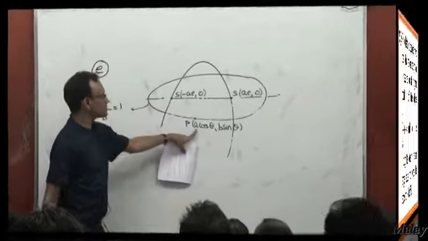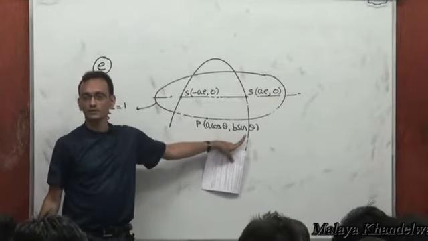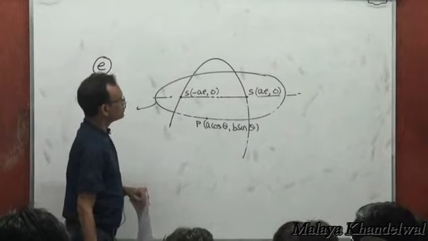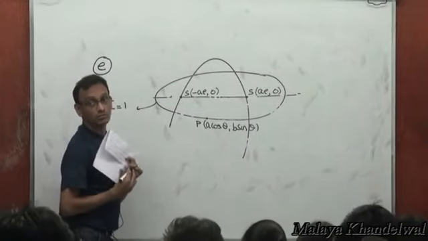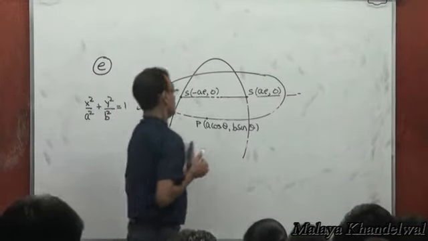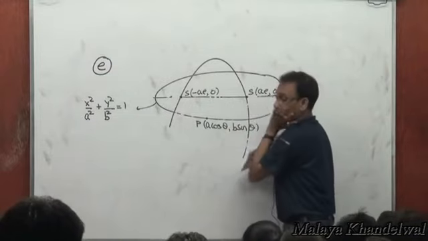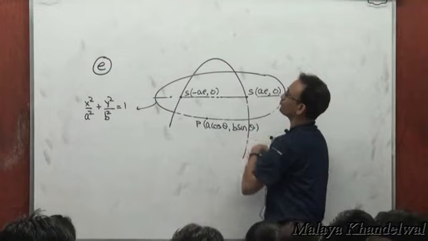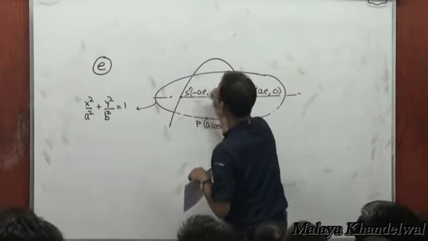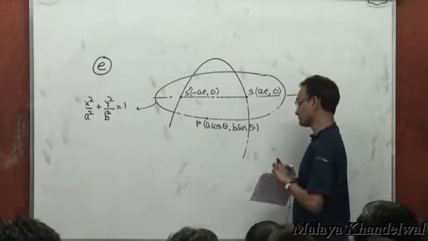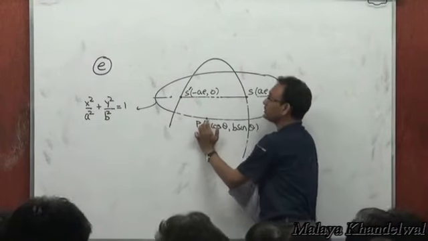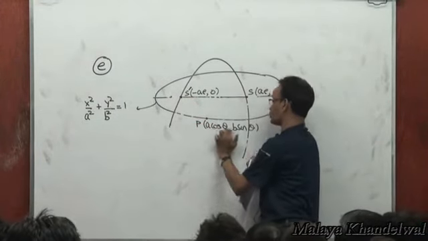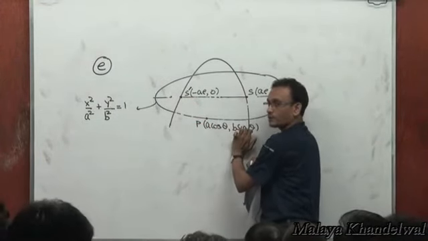There is a point P on this ellipse, call it a cos theta, b sin theta. Now, there is a parabola that's drawn in a manner that it passes through the two foci S and S prime, and the point a cos theta, b sin theta on the ellipse is its focus.